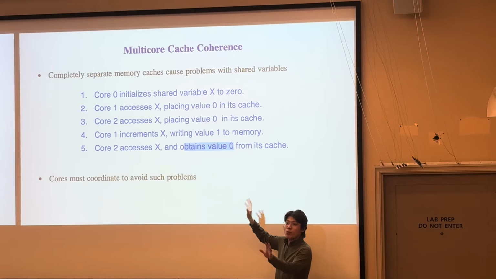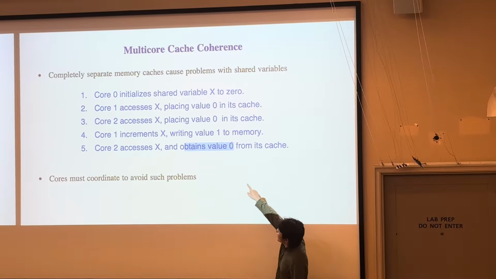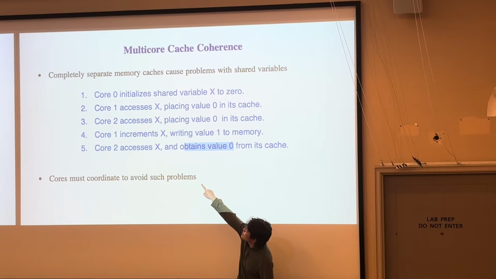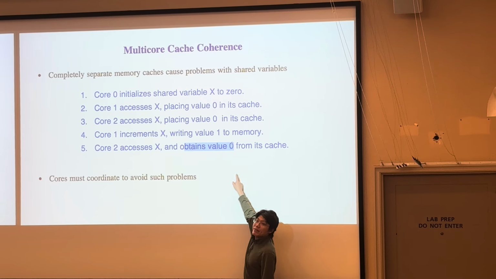Okay. The simplest idea is whenever core 1 writes a shared variable x, it needs to invalidate the corresponding cache lines in all the other caches on the same chip.